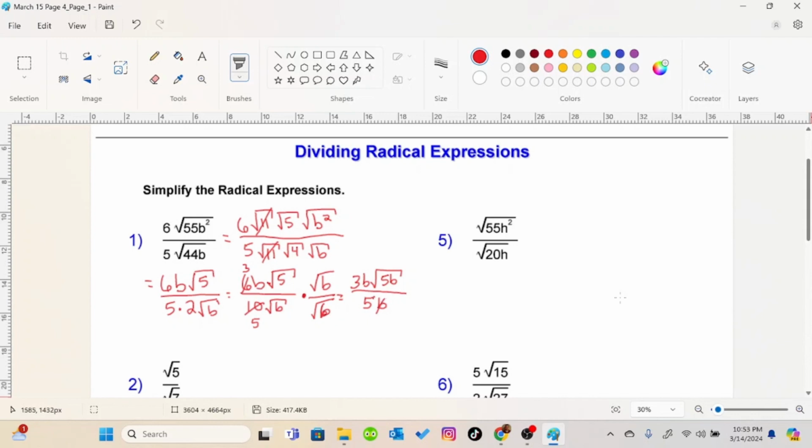And now the b on top and the b on bottom cancel each other out. So our final answer is 3 square root of 5 times b over 5.